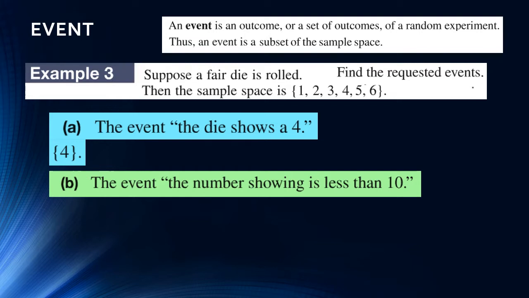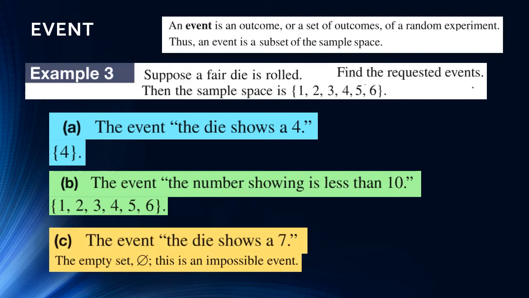So would it be 1, 2, 3, 4, 5, 6, 7, 8, 9? No, because remember, the event is a subset. It can only use the possible outcomes. You cannot roll a 7 with 1 die. So in this case, the event is the same as the sample space because all of the outcomes in the sample space are less than 10.